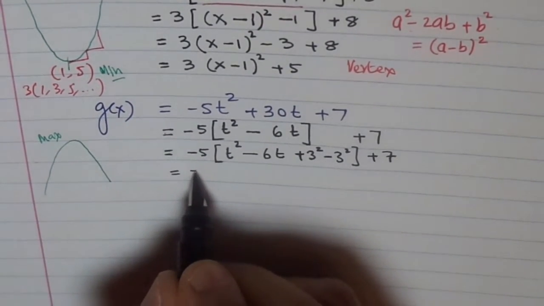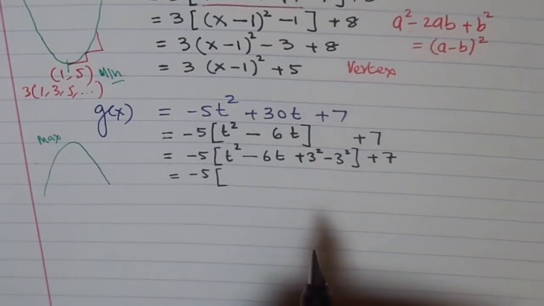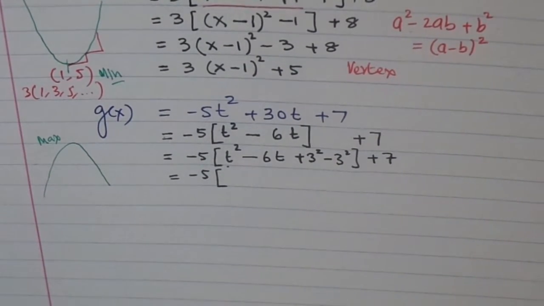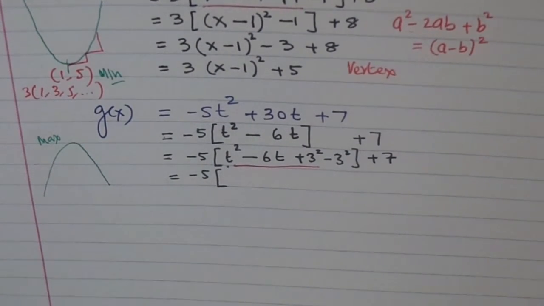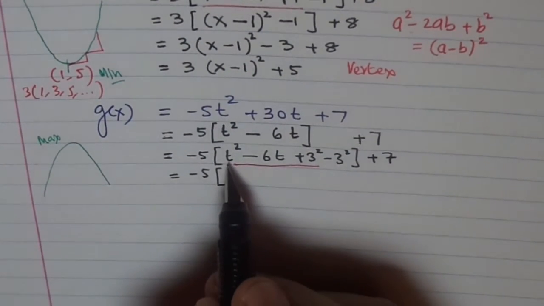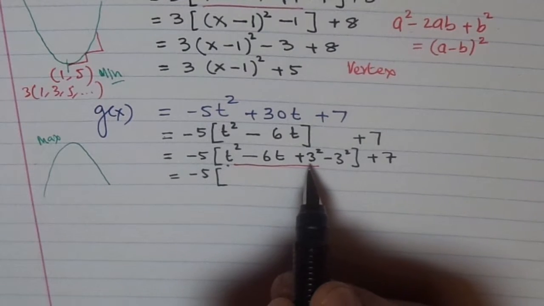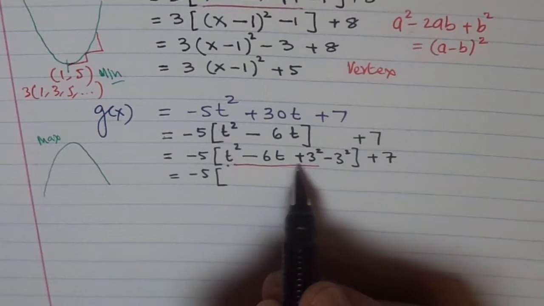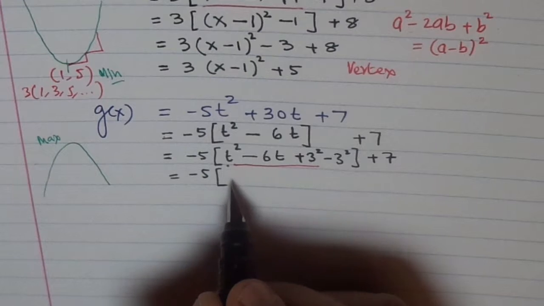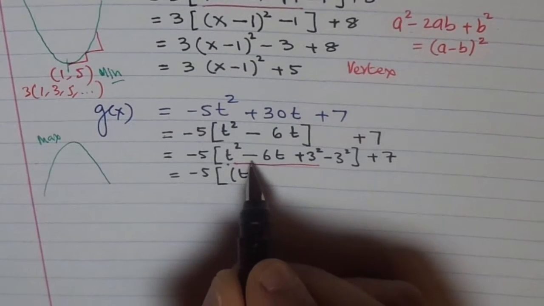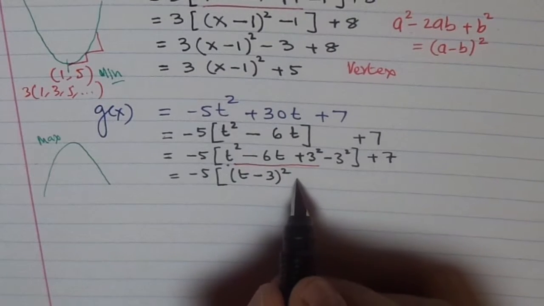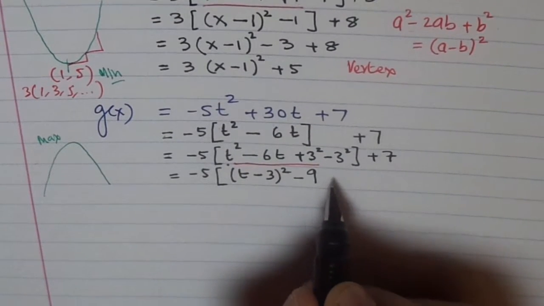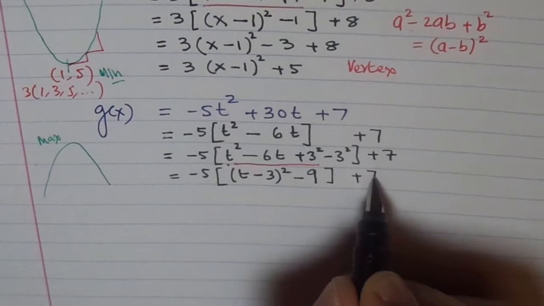Now, let's see. Do we get a perfect square? Yes, we have. As you can see here, this is a minus b whole square, where a is t, b is 3. Middle term is minus 2 times 3 is 6t. Do you see that? So I can write this as t minus 3 whole square, correct? And I'm left with minus 3 square, which is 9 for me, plus 7.